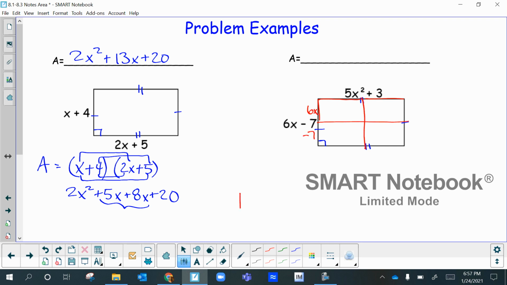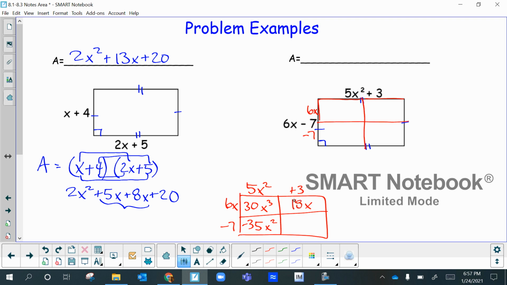Okay, let me draw it a little bit better over here. 6x, -7, 5x squared, +3. And so you multiply basically length times width, or base times height, for each one. So this one's going to be 30x to the third. 6x times 3 is 18x. -7 times 5x is -35x squared.